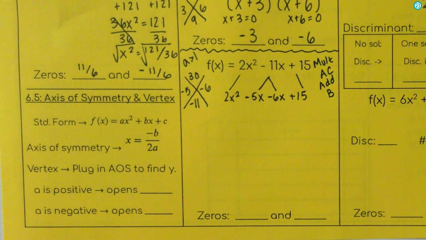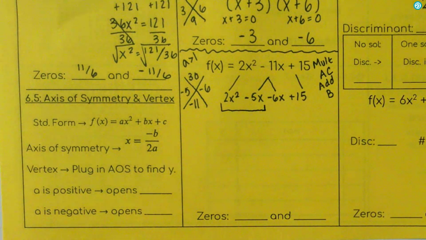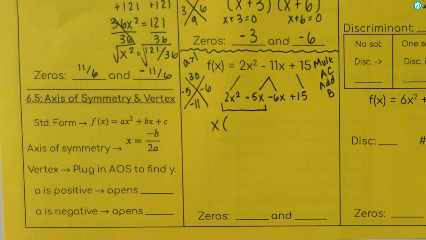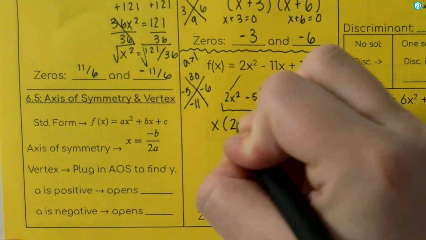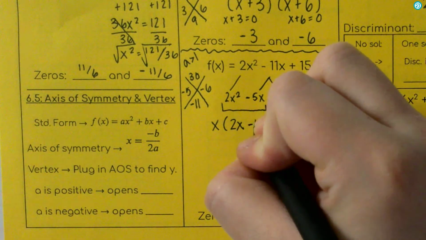From here, we can factor by grouping. So out of 2x squared and minus 5x, we can't divide 2 and -5 by anything, but we can pull out an x. So we pull out an x. That leaves behind the 2 and the other x. And then from the -5, when we pull out the x, it leaves just the -5.